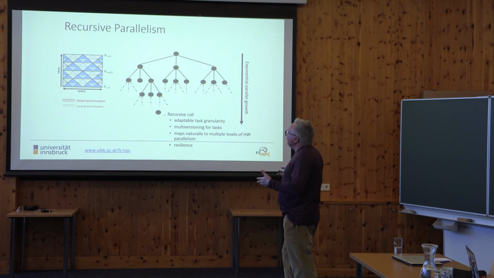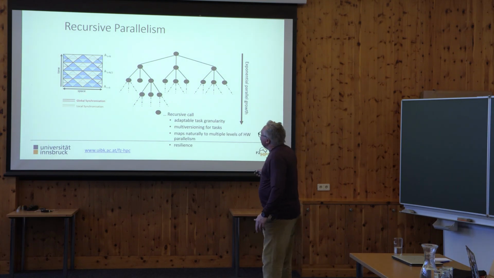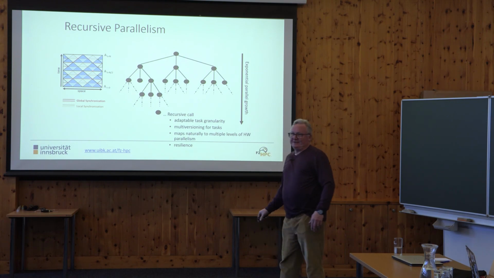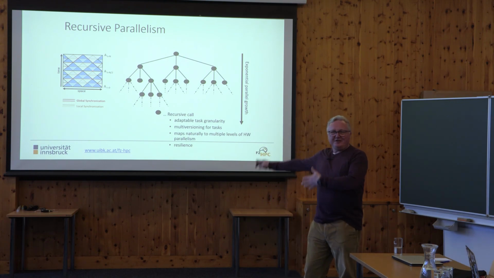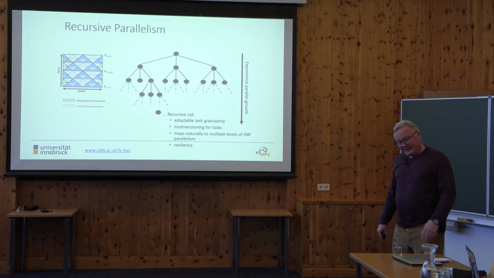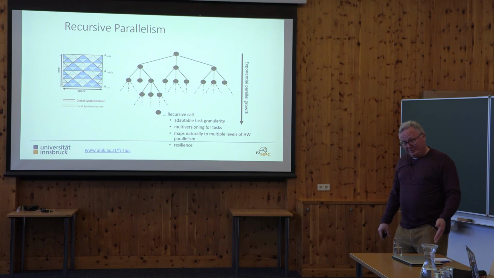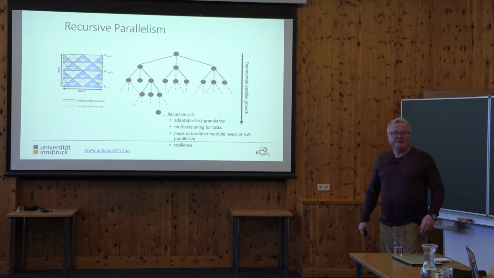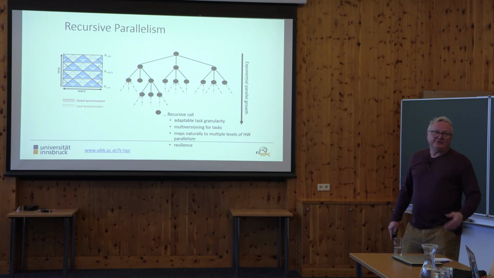If you measure the synchronization, the red lines correspond to global synchronization, but you see a lot of yellow lines here, and this is local synchronization. The idea is that for some classes of applications, targeting this recursive parallelism instead of flat parallel loops would give you at least the same, maybe even better performance. This is what we explored.